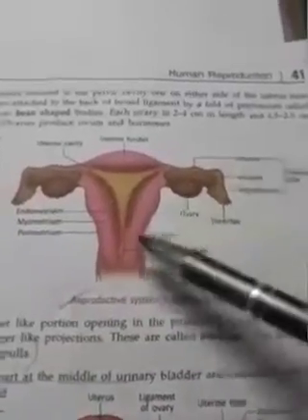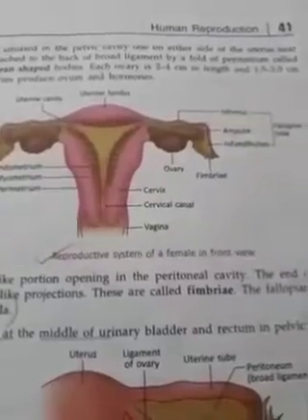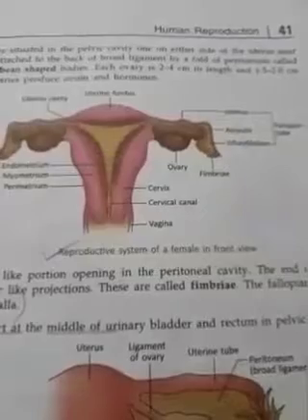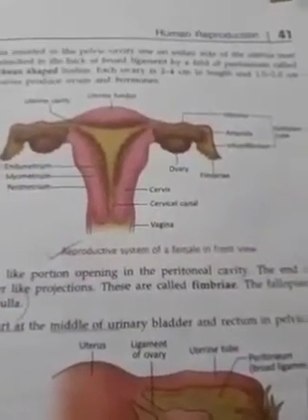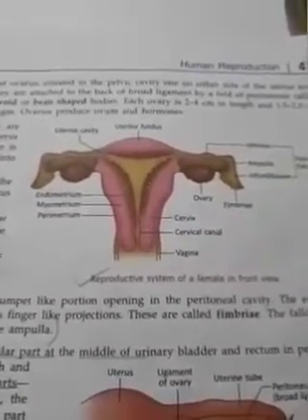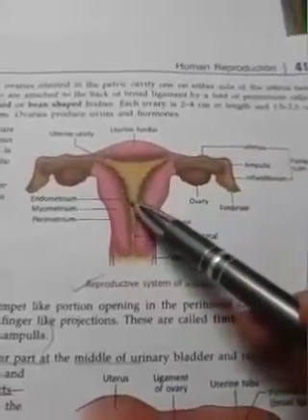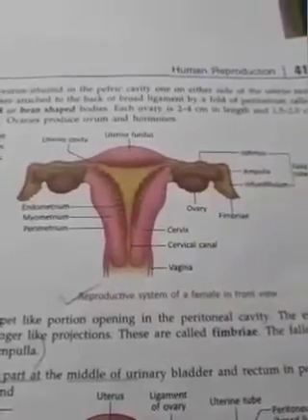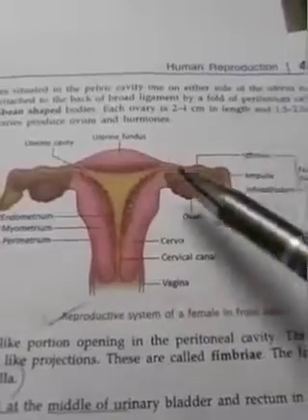The walls of the uterus consist of different types of tissue layers, and there are three layers: perimetrium, myometrium and endometrium. You must have heard about endometrium. These layers are developed along the inner wall of the uterus for the implantation of the ovum.